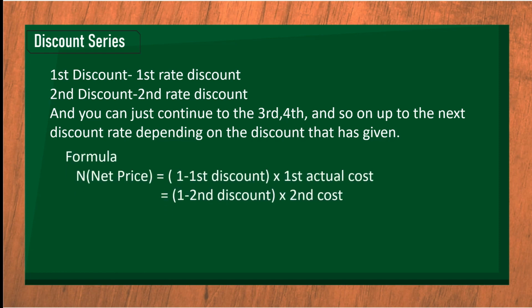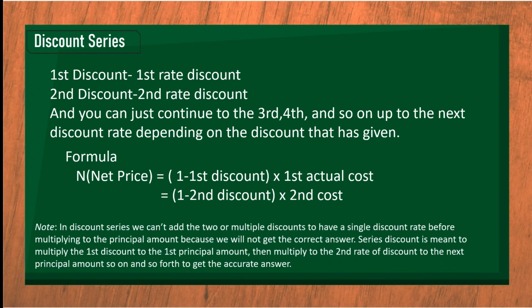The formula for the net price N is equal to first discount multiplied by the first actual cost, equal to (1 minus second discount) multiplied to the second cost.